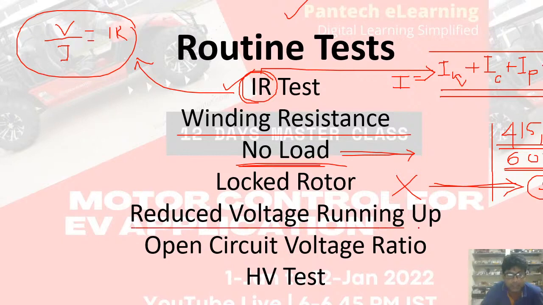Then the reduced voltage running up test. It means we have to reduce the voltage and run the machine, and we have to find out if there is any abnormality. The open circuit voltage ratio for stator and rotor both, I am not discussing here because it is applicable for slip ring machines.